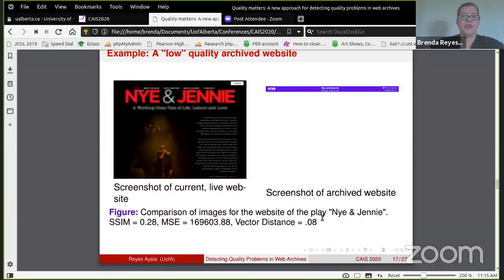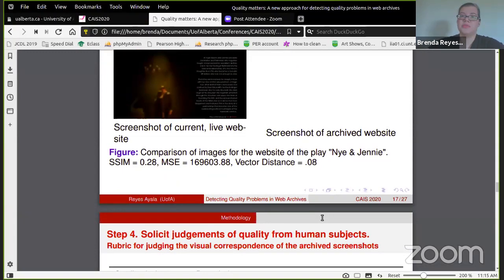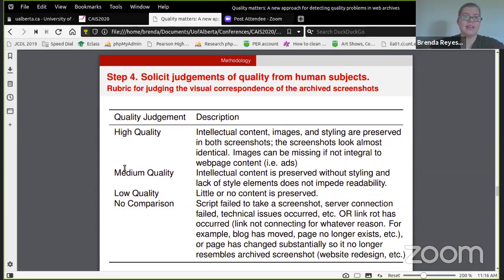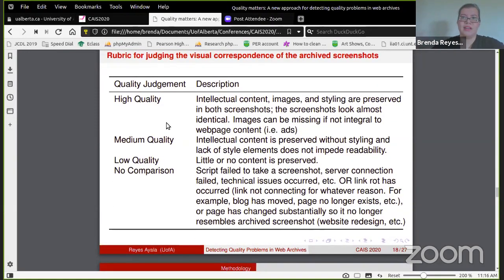All right, so what do we do? We try to solicit judgments of quality from human subjects, and we use a rubric where we actually talked about what we define as high quality, medium quality, low quality, and no comparison. High quality is almost perfect, everything is there, and it looks like the original. Medium quality is like what I showed you: there's some content there, not exactly like the original, but some content.